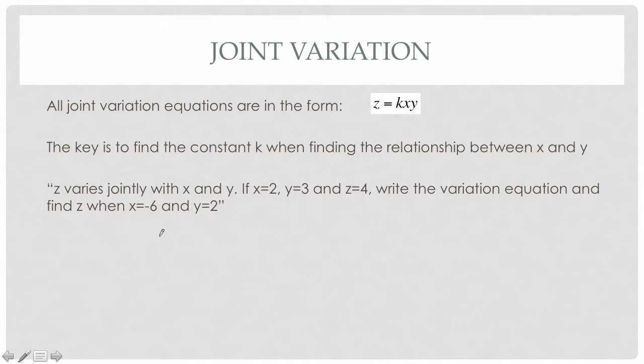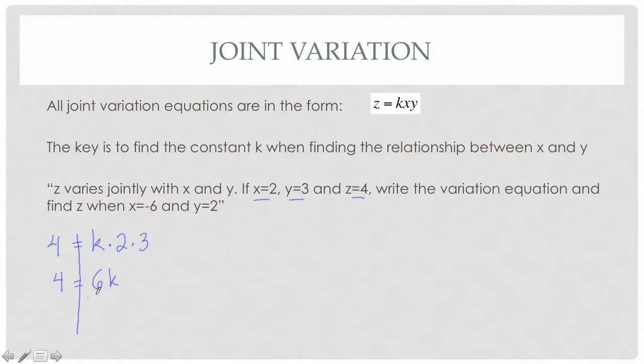Okay, let's again, just like the others, substitute things in and solve for what the constant is. So we know z is 4 when we have k times x, which is 2, times y, which is 3. So I'm putting in all these things, and we're going to solve for k. 2 times 3 is 6. So that's 6 times k on the right equals 4.